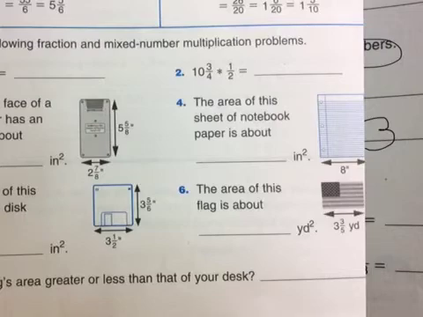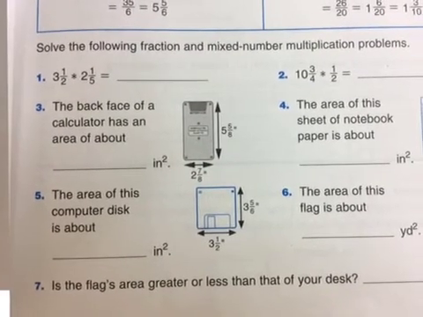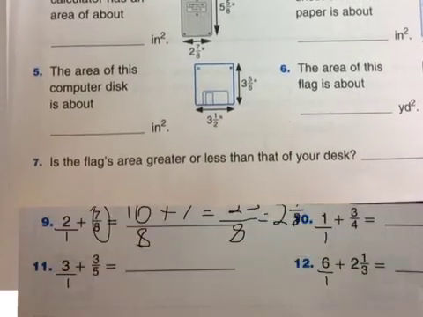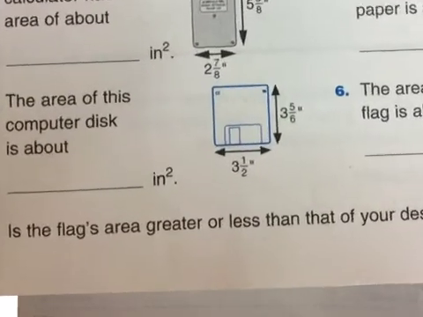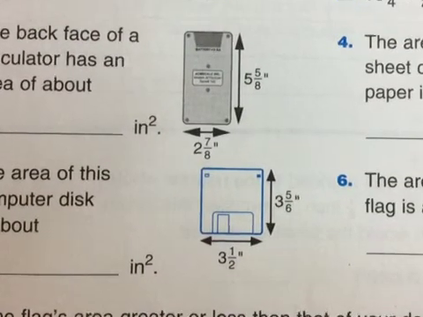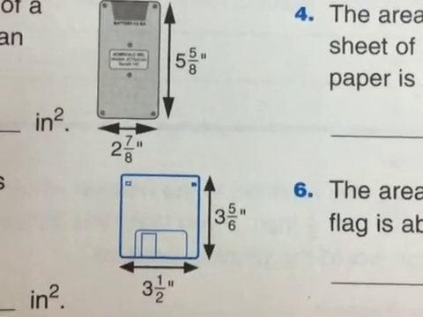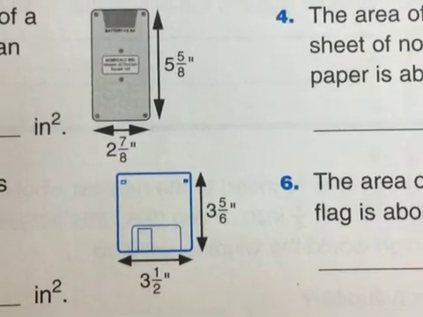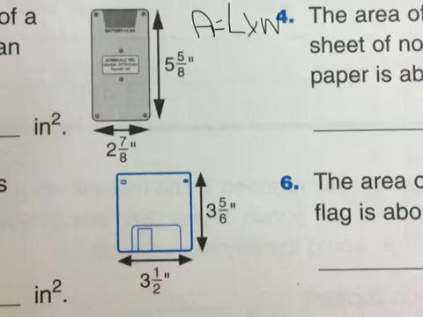How do we find the area? Let me zoom in here so we can do these two as an example. To find the area, we must use the equation for area. That equation is area is equal to length times width.